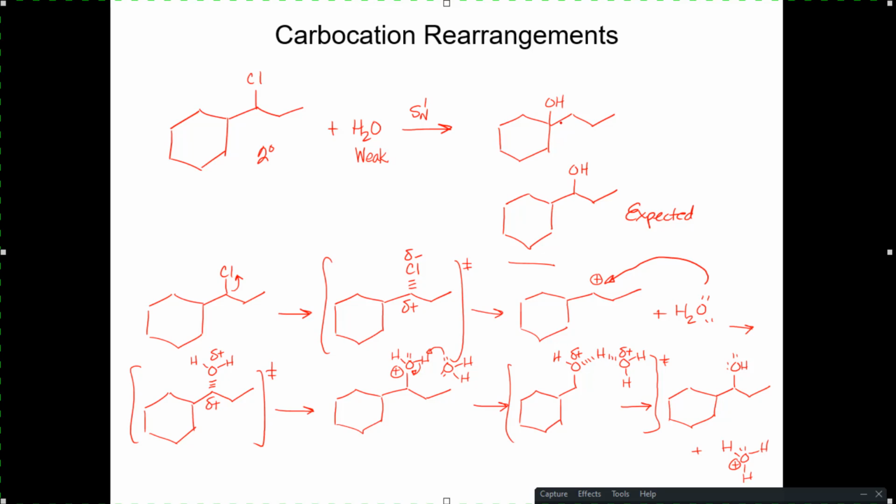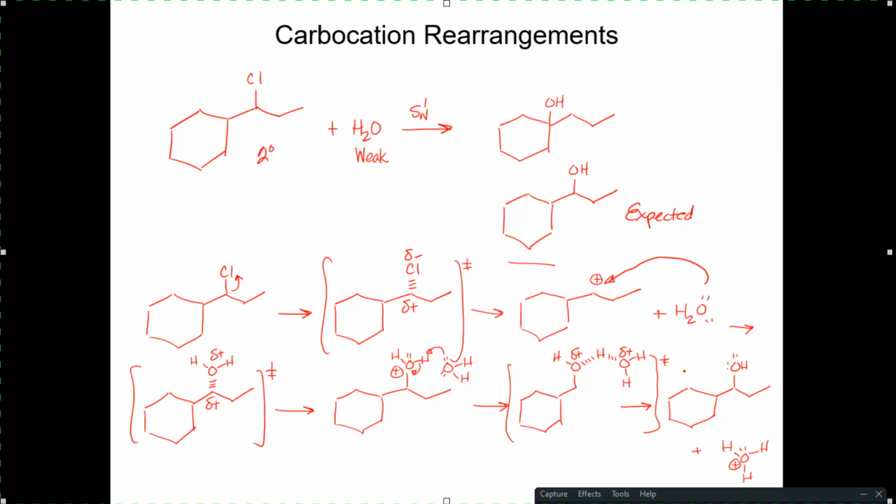And so the people that write the problems are just willy-nilly making carbocation rearrangements happen, and there's no real systematic indication of when to rearrange and when not to rearrange. So one of the things that I do is I will tell you when to rearrange the carbocation. But there are some fundamental rules that we'll talk about in a minute. Okay, so this is the mechanism for forming the expected product.